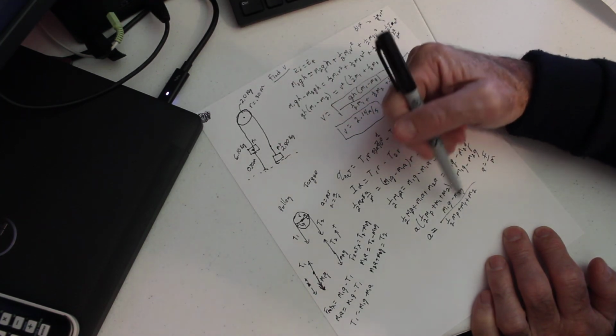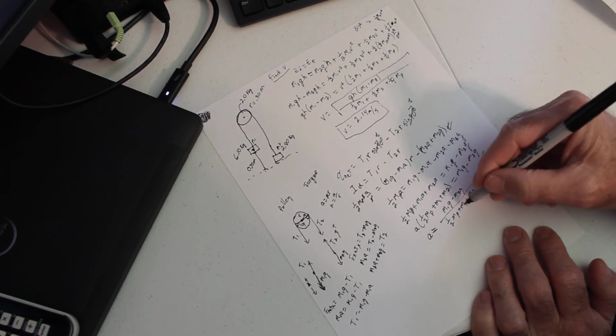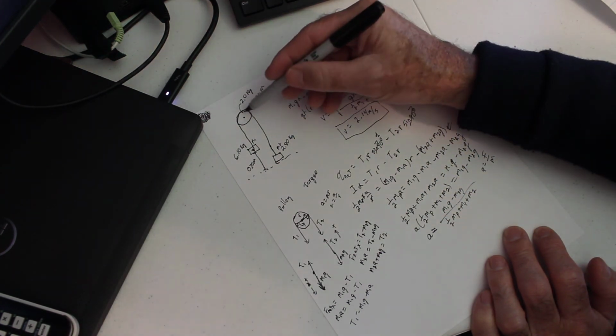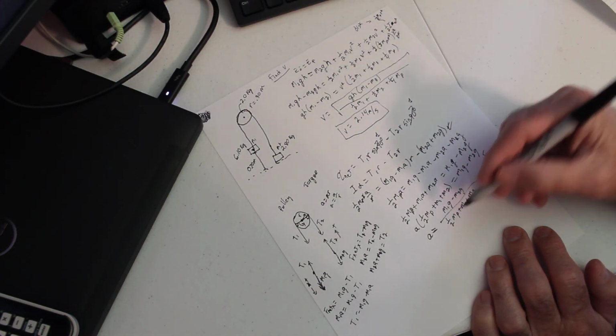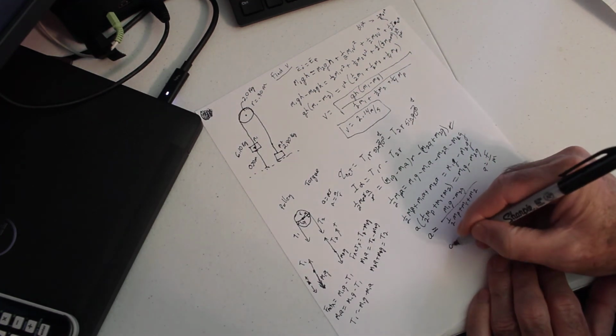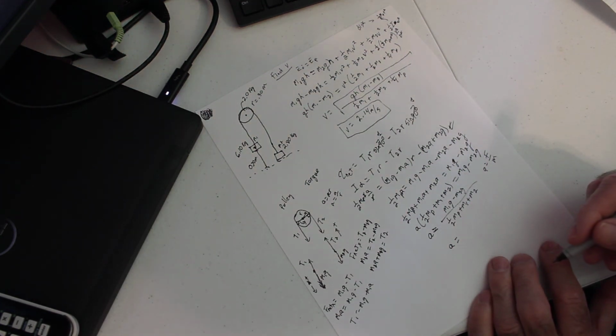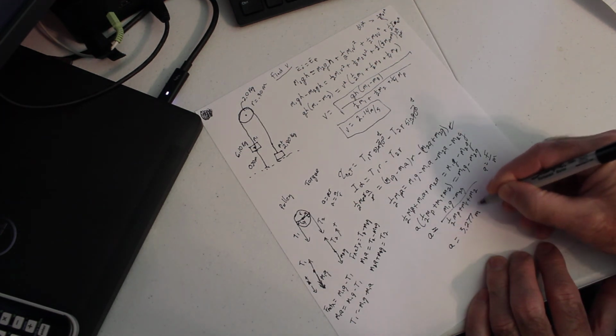So it's the difference between those that's making it move. And the whole mass is moving, meaning both masses are moving, plus you have to take into account the rotation, which because it's a disk configuration is 1/2 the mass. So we plug all that in and we find out that the acceleration is equal to 3.277 meters per second squared.